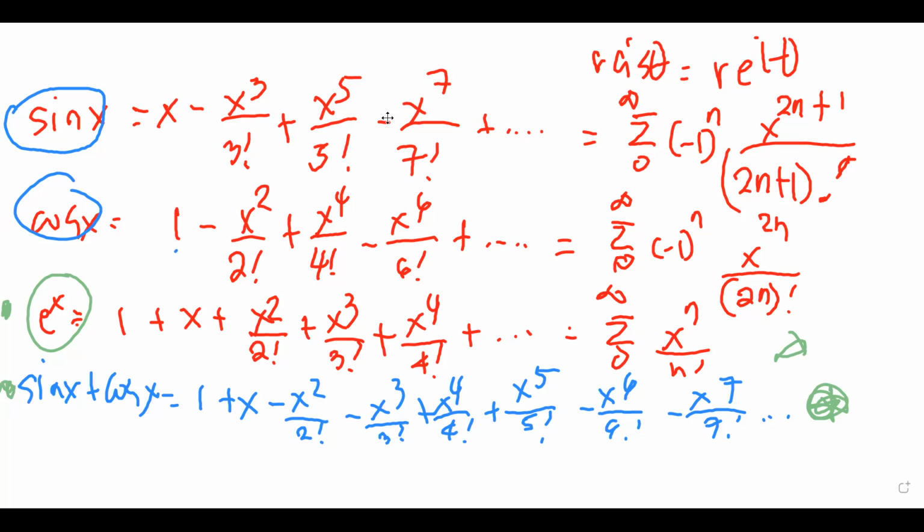It's just that there are discrepancies in the signs. So the signs alternate in a way where pairs of terms alternate. And this property is typical of powers of i.